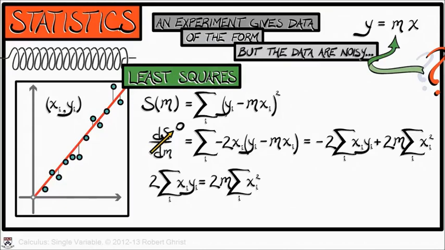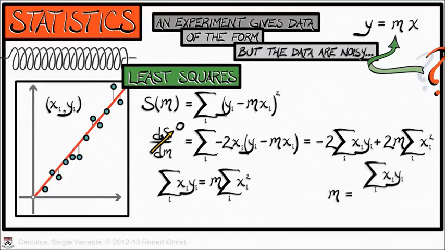What is it that we're trying to solve for? We're trying to solve for m. And so, canceling the 2's and then dividing both sides by the sum of x_i squared gives a value of m equal to the sum over i of x_i times y_i divided by the sum over i of x_i squared.